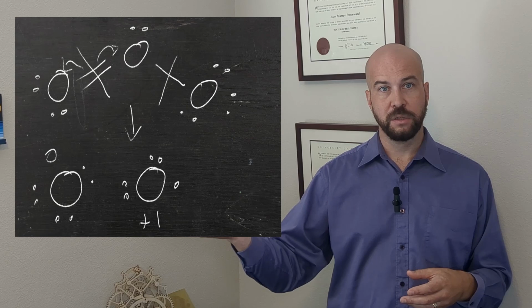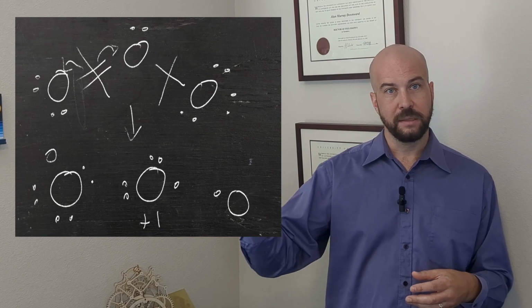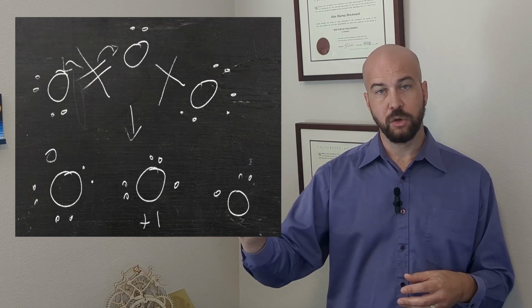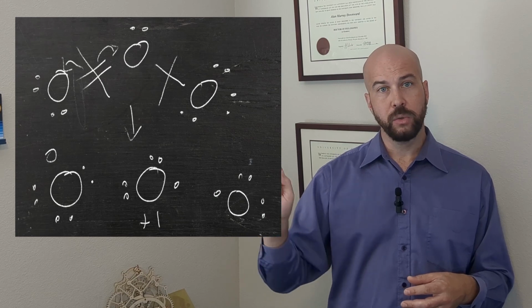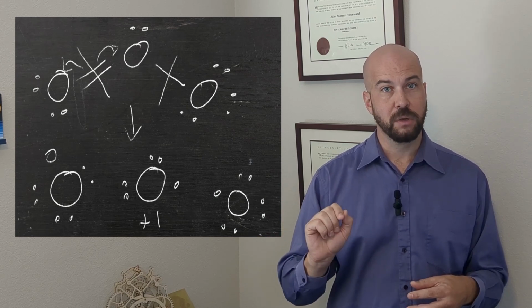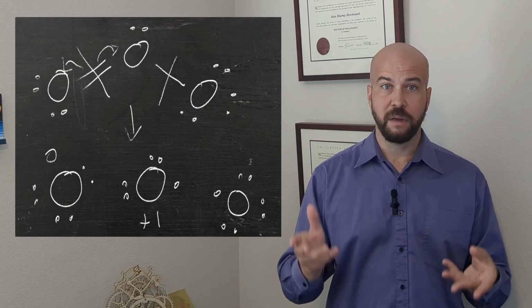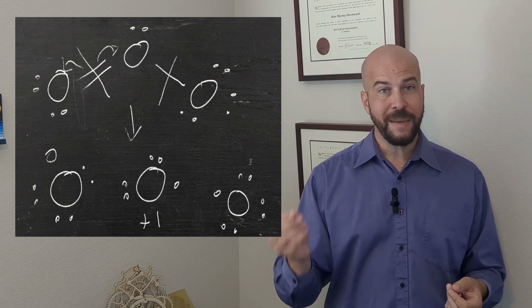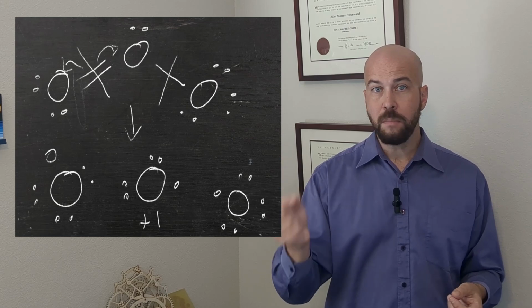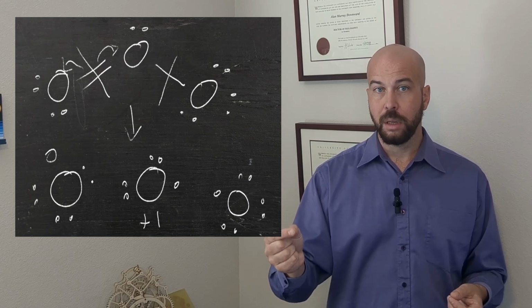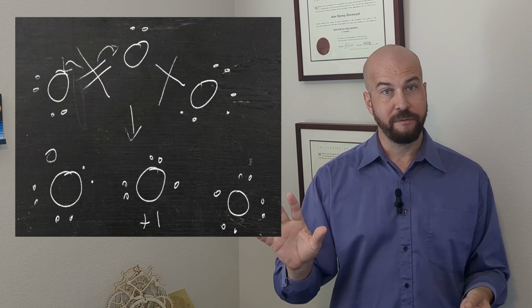The final oxygen, it has 1 electron coming from that single bond, and it has 1, 2, 3, 4, 5, 6 electrons coming from lone pairs. That's a total of 7 electrons, meaning that it has 1 more electron than it would normally have.